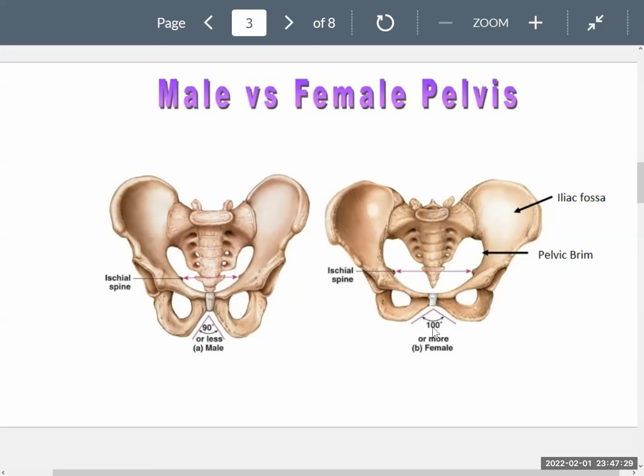In the female, this angle is usually 100 degrees or more. And in the male, it's definitely smaller. It says 90 degrees or less, but every skeleton I've looked at, it's about 30 to 40 degrees. Very sharp. Whereas the female has an arch that is wide.